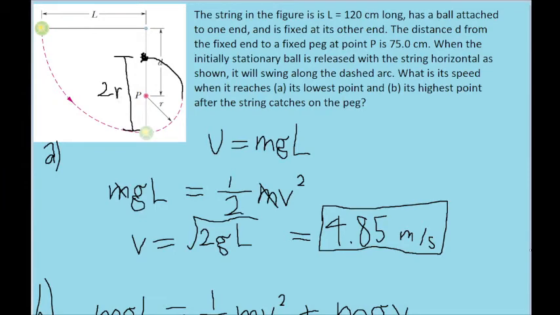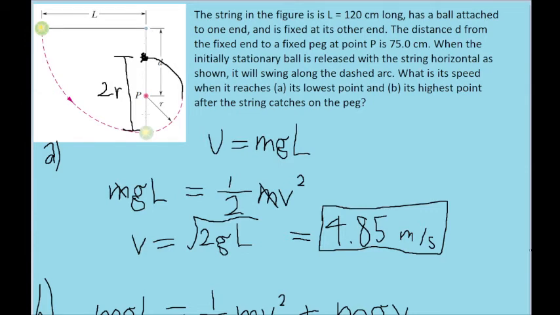Of course, we can infer that it will just be the same as 2 times r, but r isn't something that's given to us either, though it can still be easily enough determined that r is just going to be the difference between the length of the string and the distance between the peg and the fixed point where the string comes from.